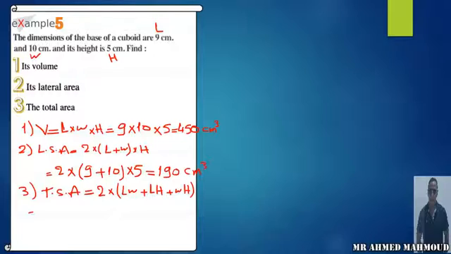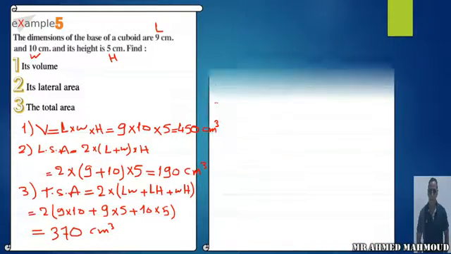It equals 2 times open brackets 9 times 10 plus 9 times 5 plus 10 times 5. It equals 370 centimeter cube.